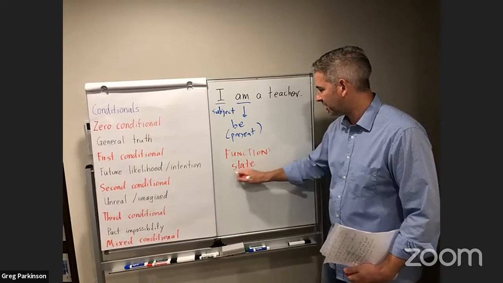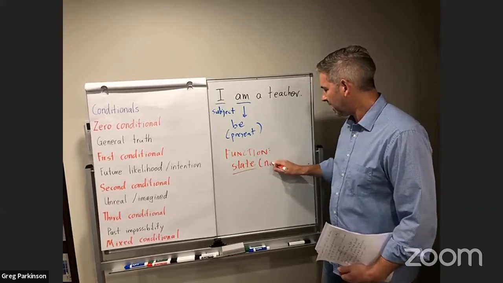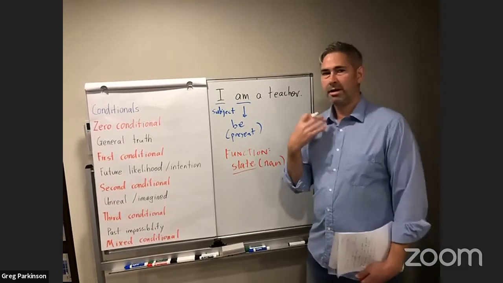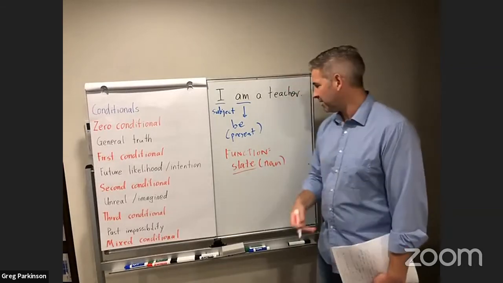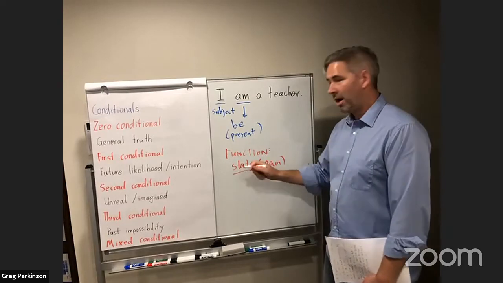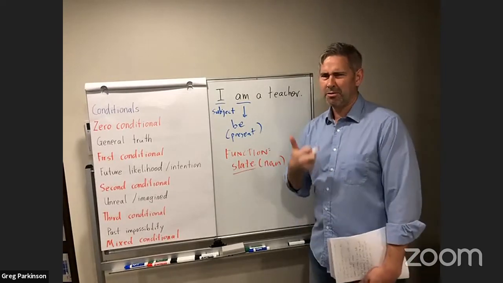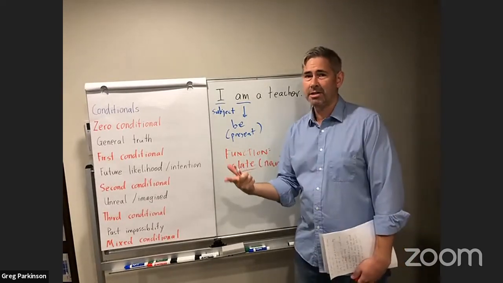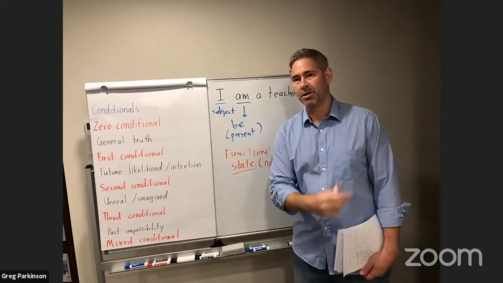So I'm describing a state. In this case, the state is a noun, so it's something or someone. The be verb has a few different functions, but it's not an action. It could be a noun, it could be an adjective, or it could be a place, a preposition, right?